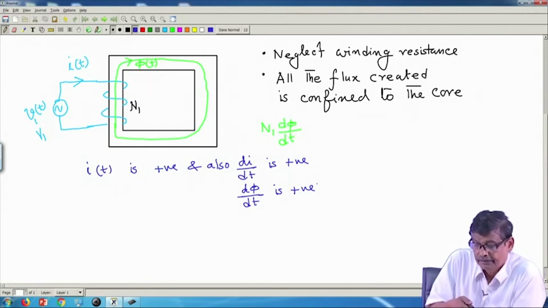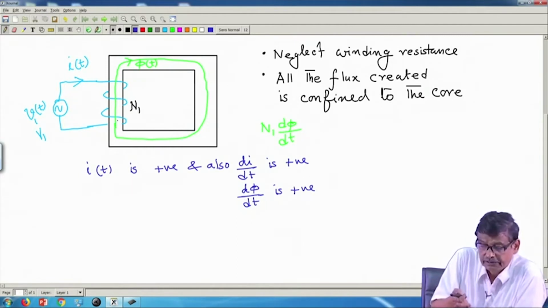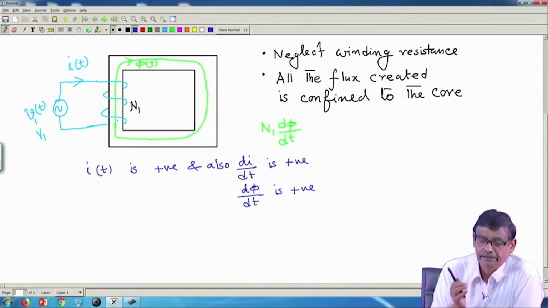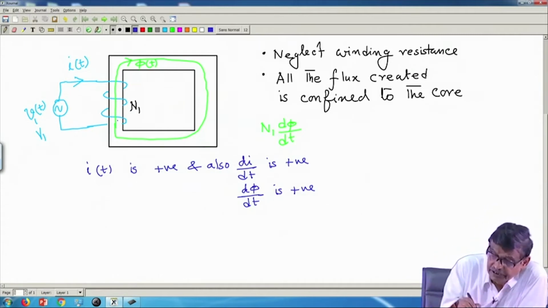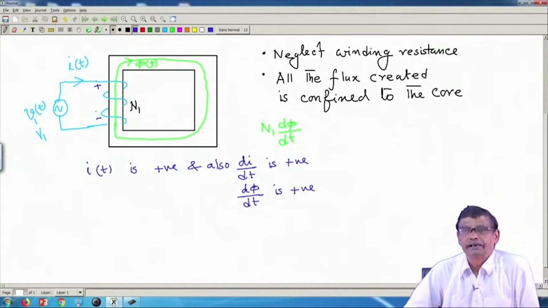That means, at this instant the flux linkage with turns N1 is a positive number, it is increasing, d phi dt is positive. And what is the cause of this induced voltage in this coil N1? Because i(t) is increasing. Therefore, the polarity of this induced EMF will be such that it will try to oppose this increase in current i(t).